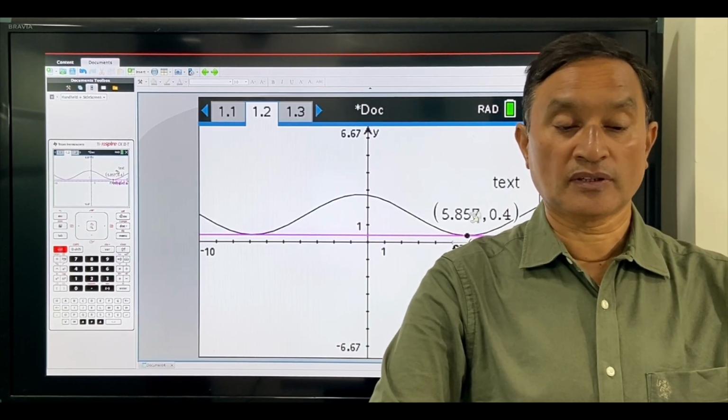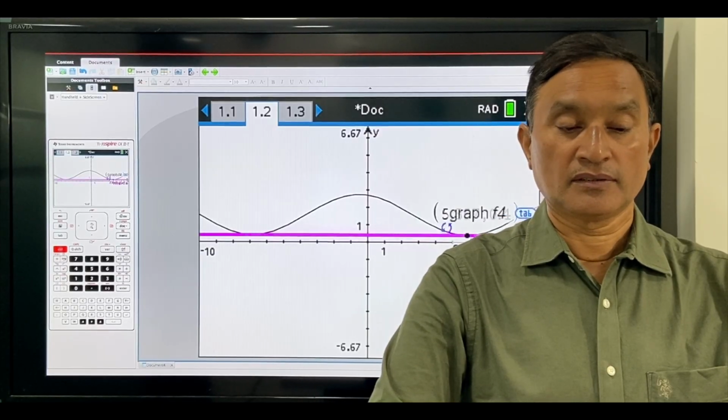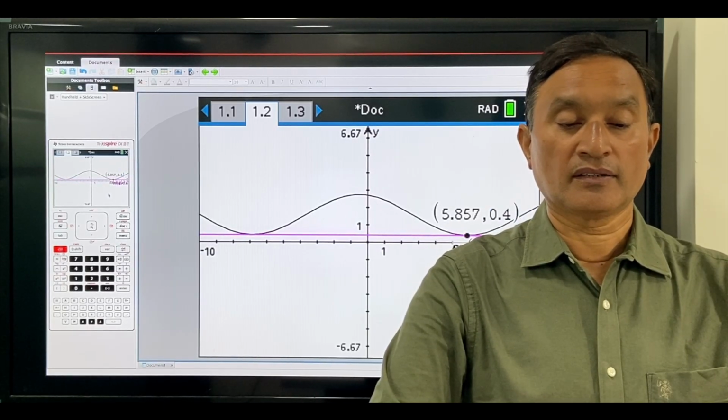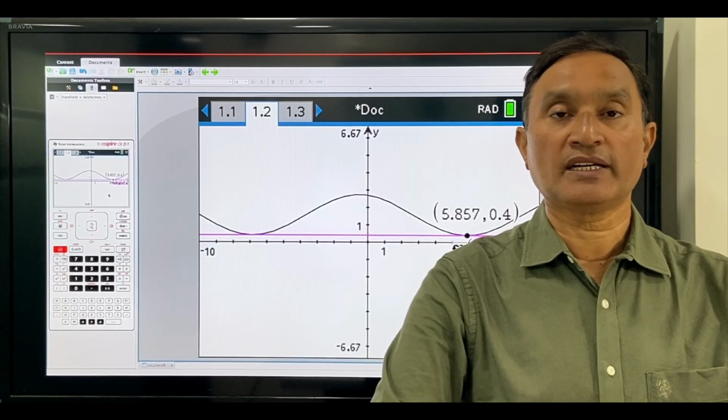So the value of t would be 5.857, and to 3 significant figures 5.86.